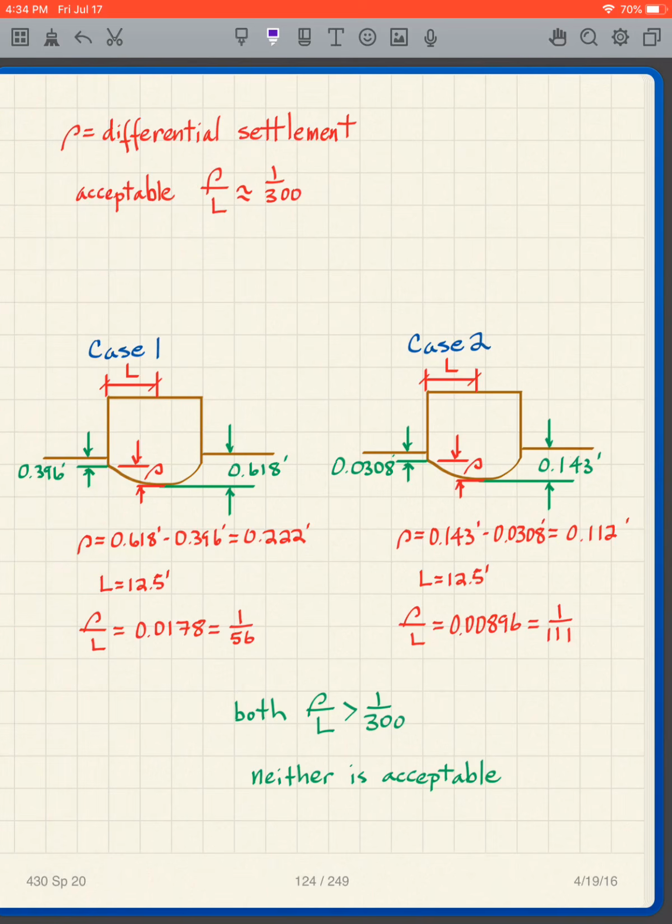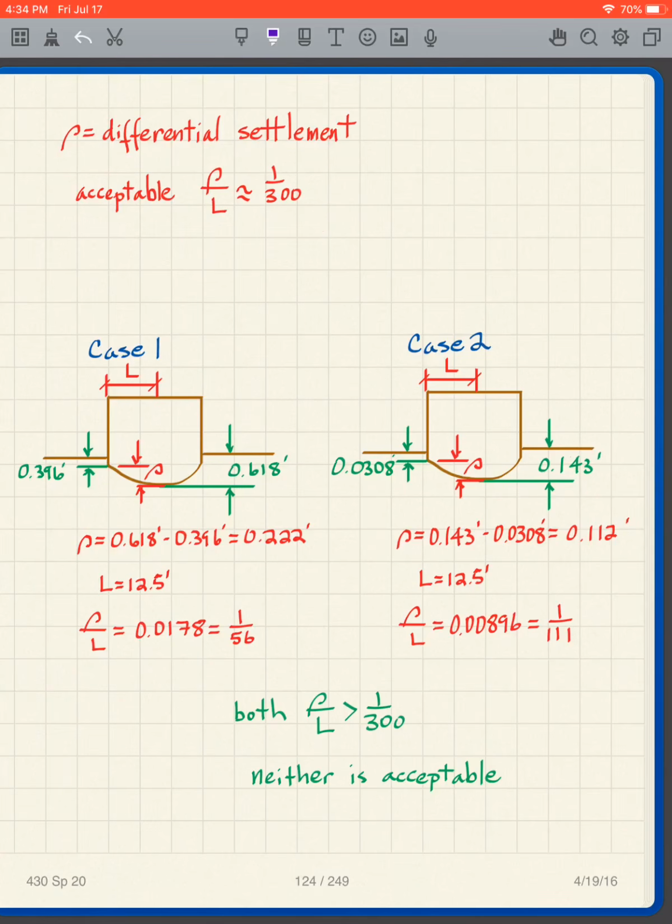I want to introduce the concept of differential settlement. What do we mean by that? I'm going to use the symbol rho for differential settlement, and I'm going to introduce this concept of rho over L, and an acceptable value, I'm just going to throw out a ballpark number of 1 over 300.